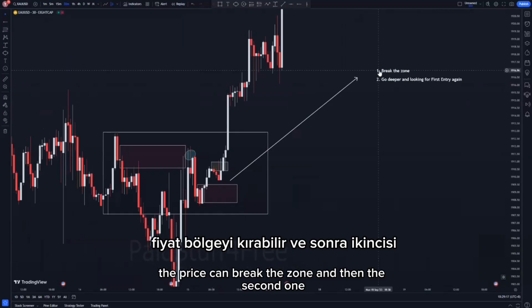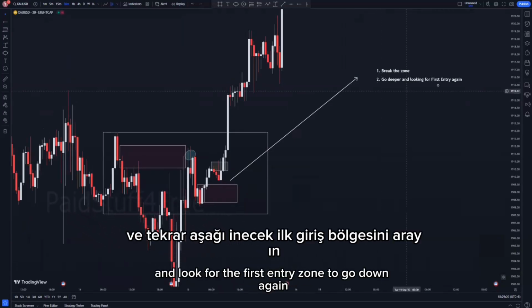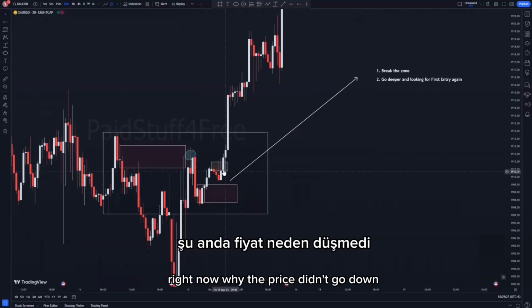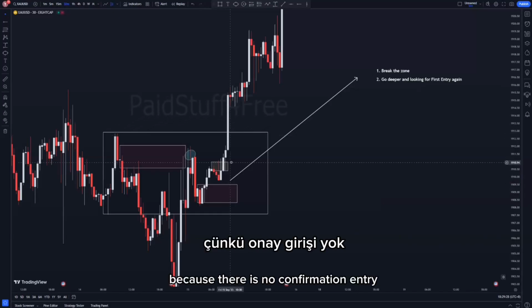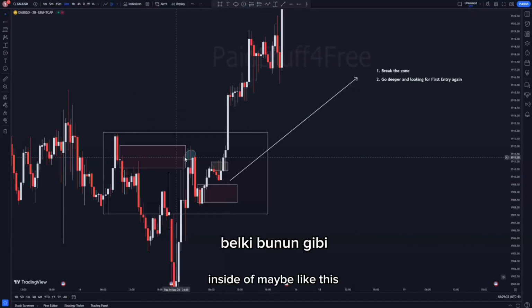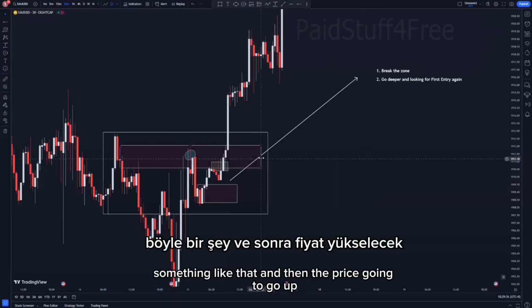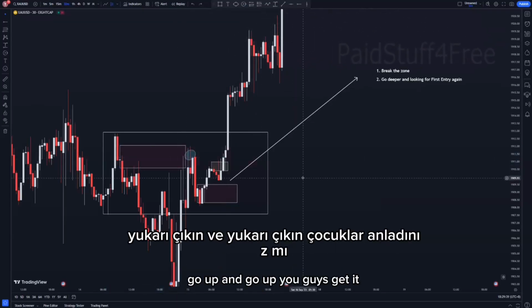And the second one, the price can go deeper and look for the first entry zone to go down again. But right now, why didn't the price go down? Yeah, of course, because there is no confirmation entry inside of maybe this first entry zone, something like that. And then the price is going to go up, and go up.